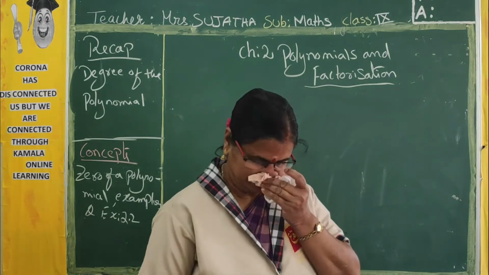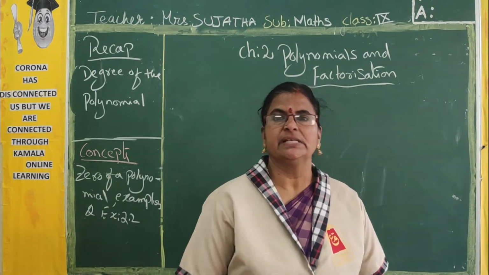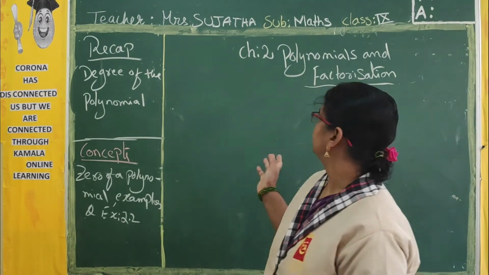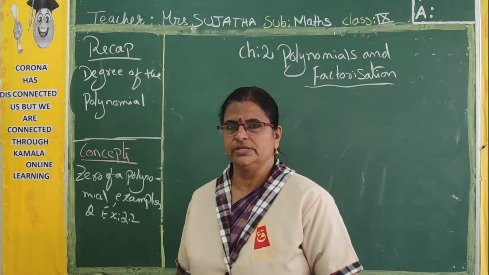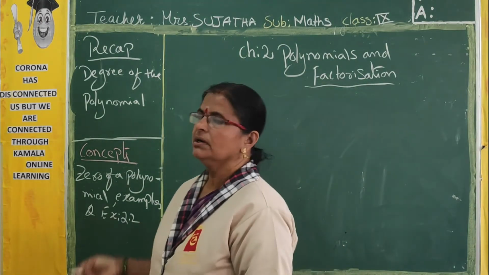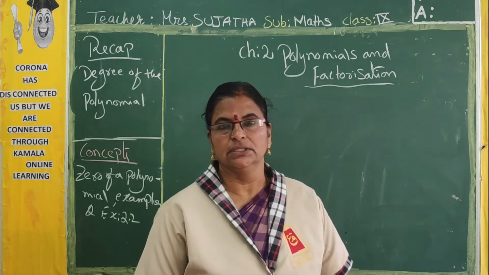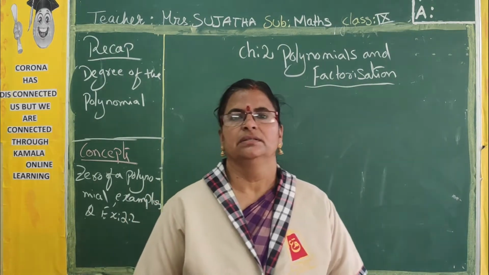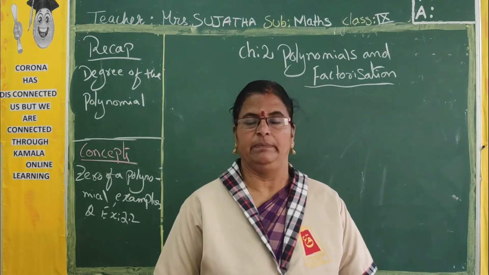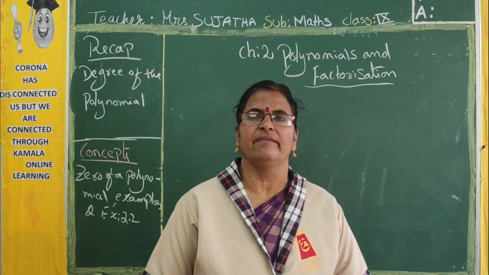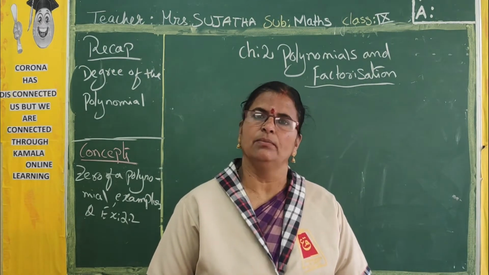Now in the previous session, in the second chapter, polynomials and factorization, what did we learn? Degree of the polynomials. According to the terms, the polynomial name will be given. If a polynomial has one term, it is called a monomial.